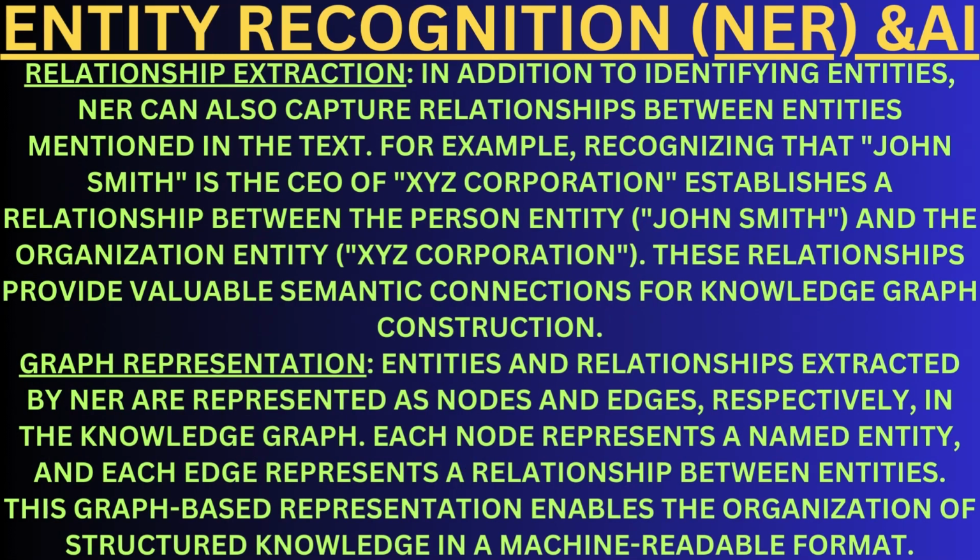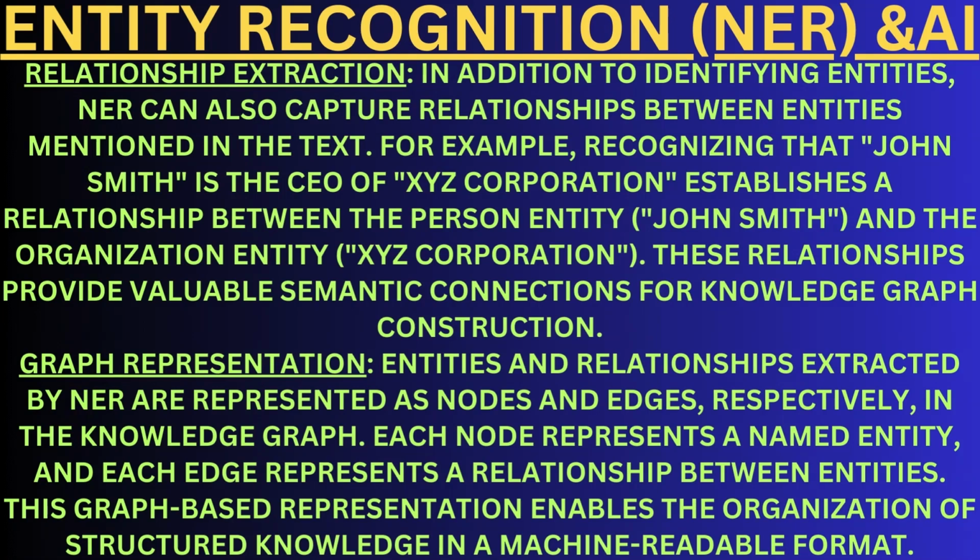Relationship extraction. In addition to identifying entities, NER can also capture relationships between entities mentioned in the text. For example, recognizing that John Smith is the CEO of XYZ Corporation establishes a relationship between the person entity, John Smith, and the organization entity, XYZ Corporation. These relationships provide valuable semantic connections for knowledge graph construction.